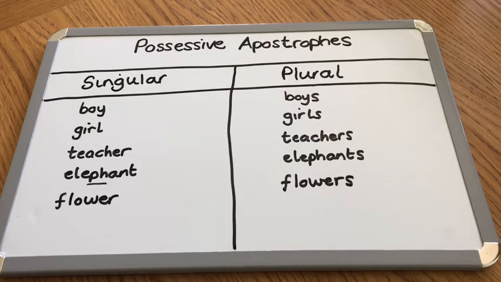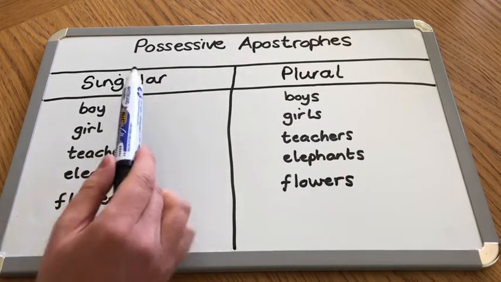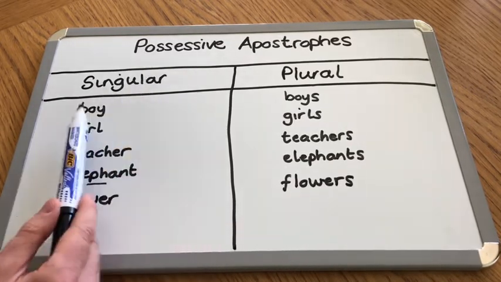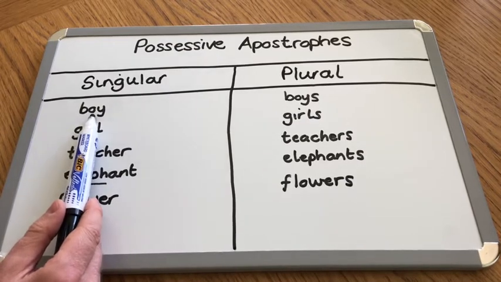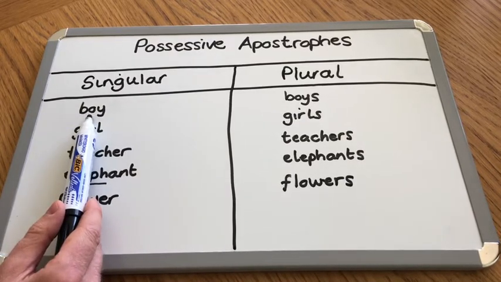Now, what we're going to do next is have a look at how we can use possessive apostrophes with the singular and plural forms of these nouns. So, if we're talking about singular possession, that means this one boy possesses or owns one thing or something.